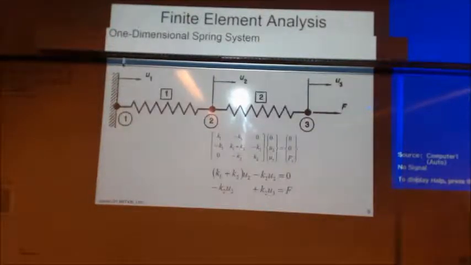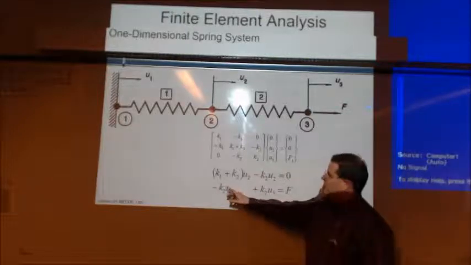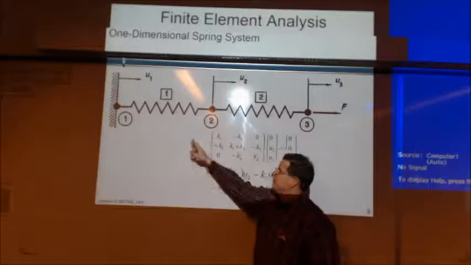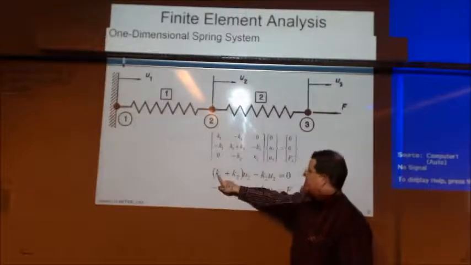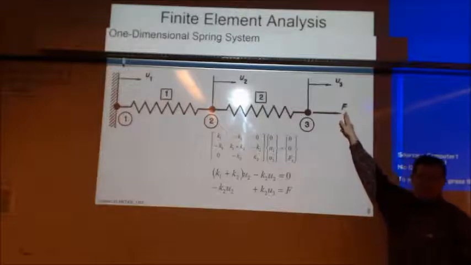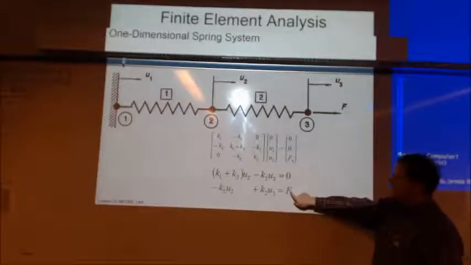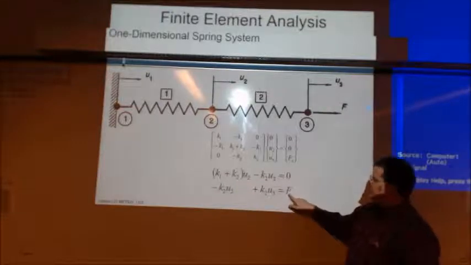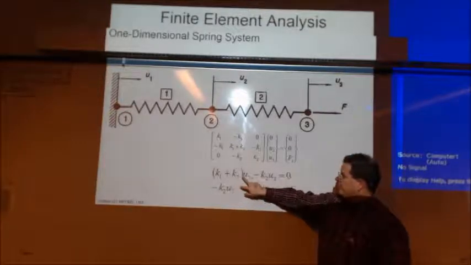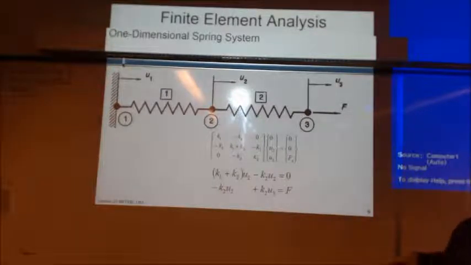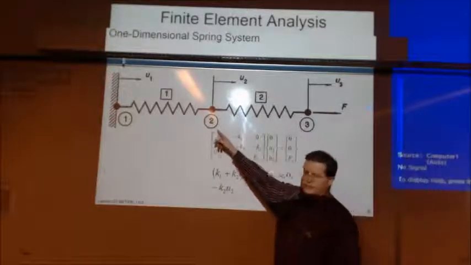Once we know what this K is, this spring constant, we can plug it in here. And we should know what this force is, so we can plug it in here. So we know what the K's are, and we know what our forces are, so we can solve for our U's, for what our displacements are. That'll tell us how much these deflect.